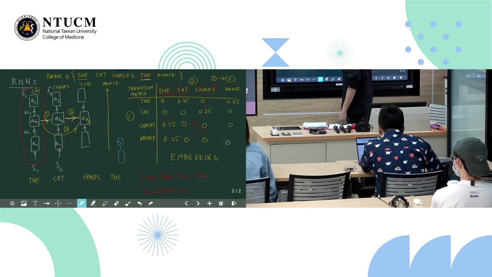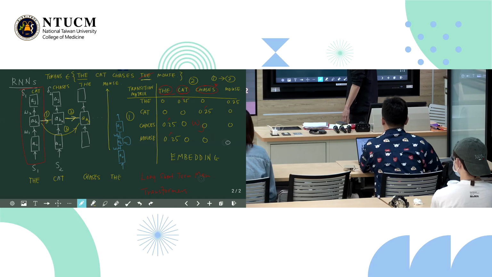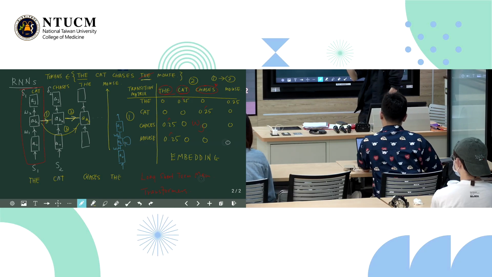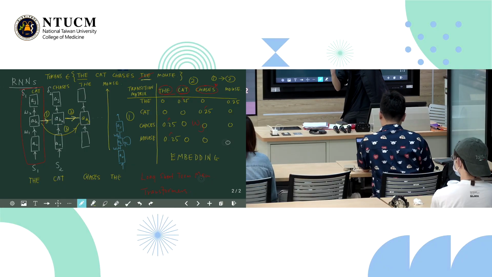So this AH, AI, AJ. This is the basic one, right? And instead of having to draw it out all this time, this is the recurrence part. You have the internal loop. That's all it is. It's just rolling. It's like you have one tape recorder and then you roll it over, right? 就是滚在就粘起来. This whole thing is just that one thing.